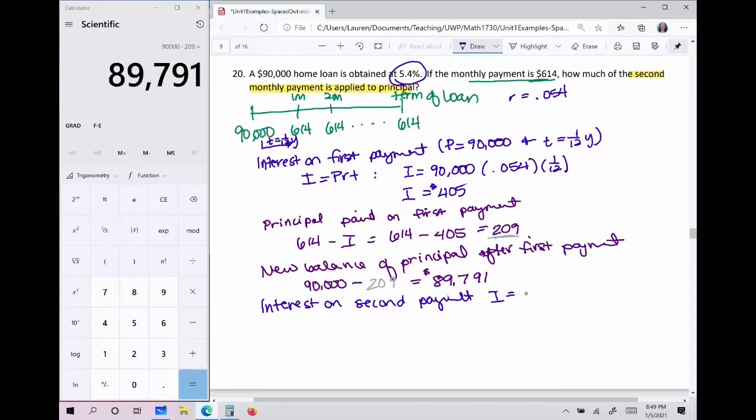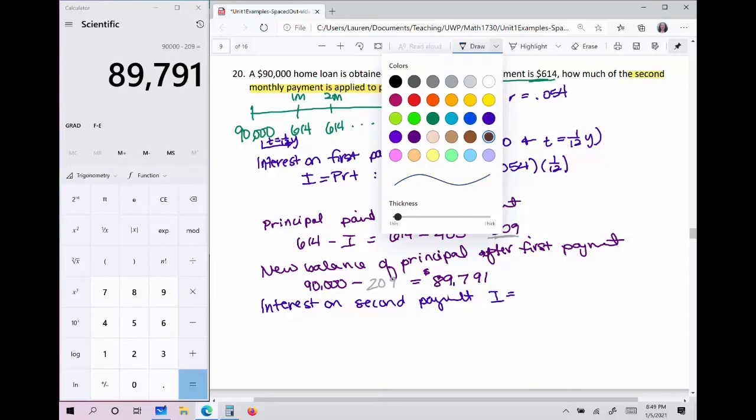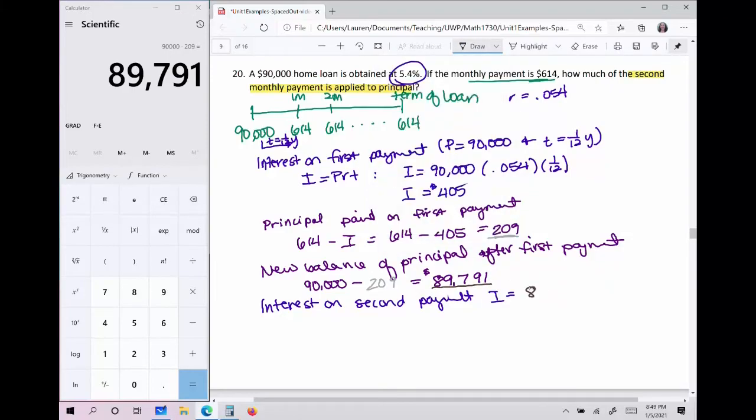Here I equals P, but this time our principal is 89,791, times our rate, which is the same, 0.054, times our T, which is the same, 1/12, so it's the same as up here. This is the only piece that's changed.